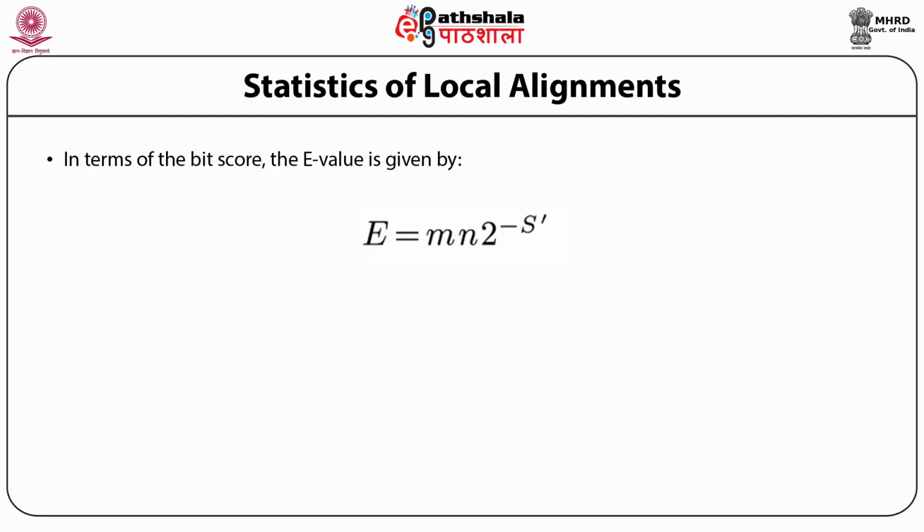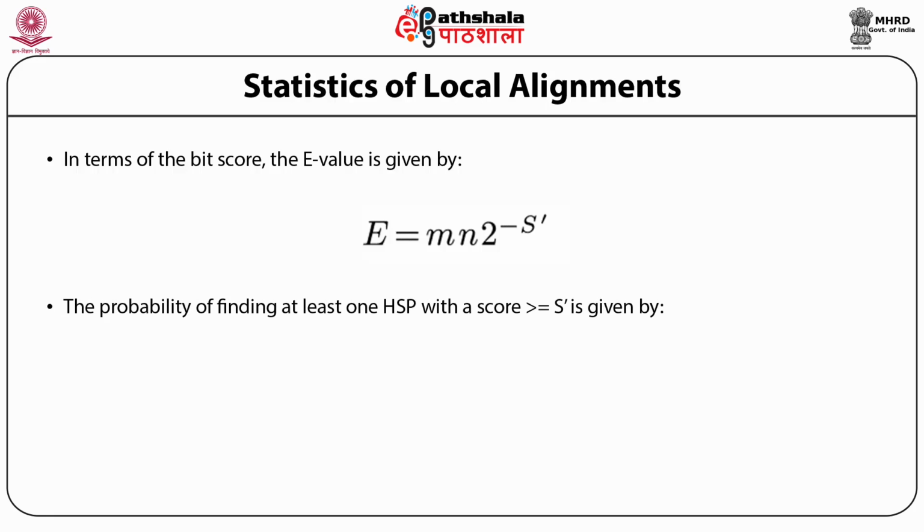Now what exactly the expectation value means, statisticians will tell you, but at our level we can say that the probability of finding at least one HSP with a score greater than S prime is given by the last formula, P is equal to 1 minus e to the power minus E. So given the expectation value, we can calculate the probability that I can find one HSP with a particular score at random.